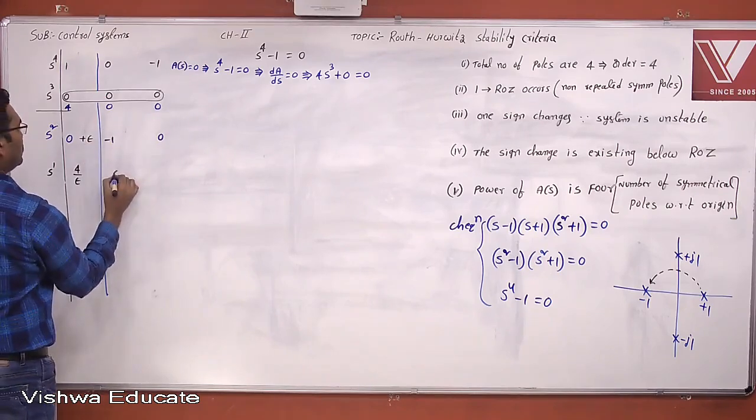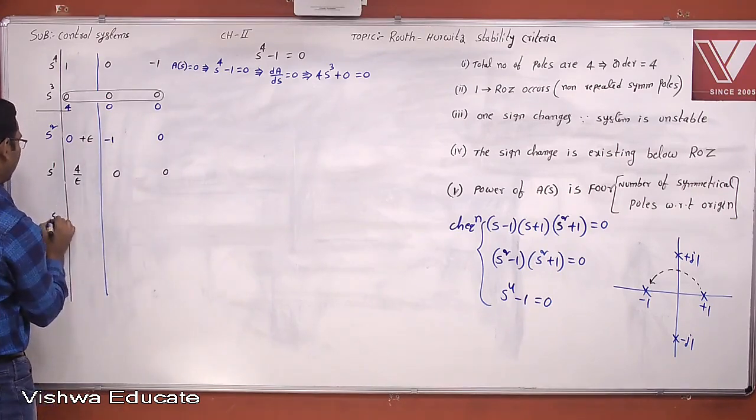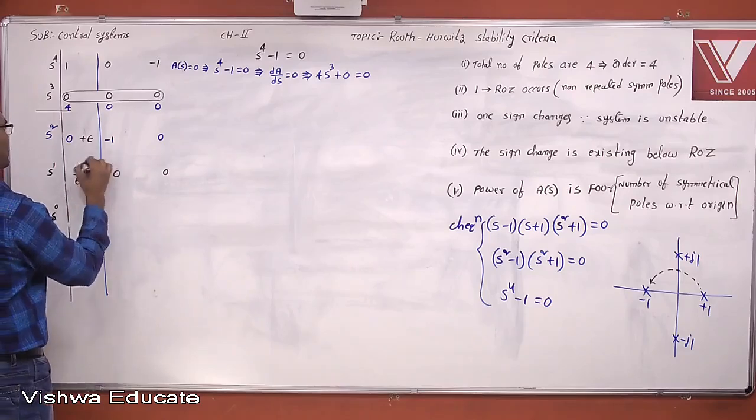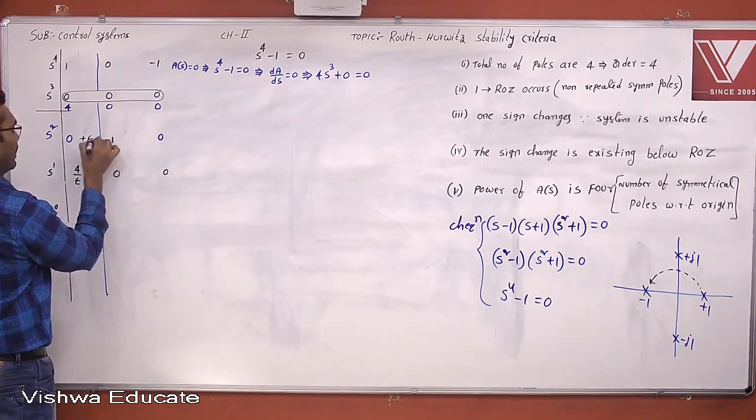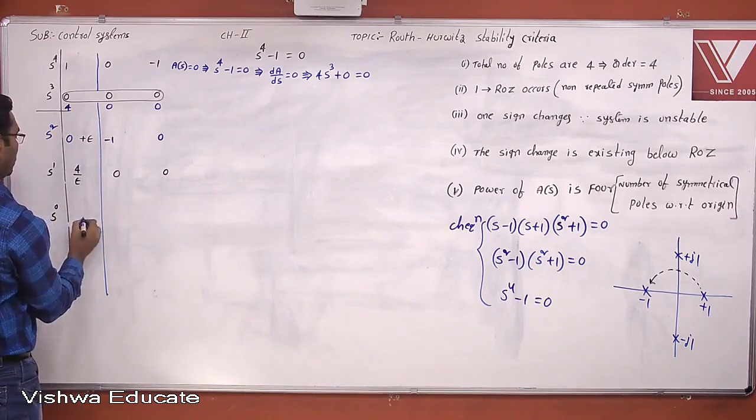And this is 0, this is 0. Now this is s power 0: epsilon into minus 1, minus 1 into epsilon by epsilon. Therefore this is minus 1.